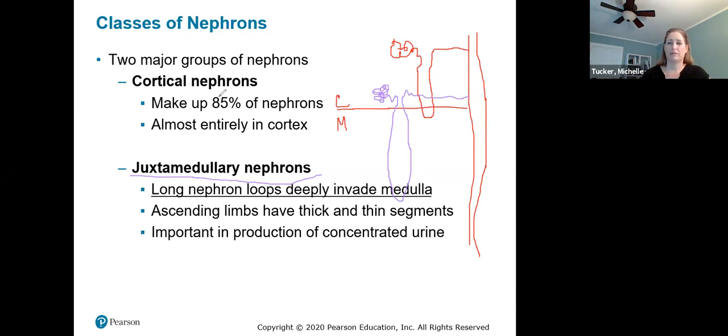Cortical nephrons are your typical nephrons doing the bulk of kidney functions. Juxtamedullary nephrons are going to be the ones that are involved in producing a concentrated urine when we need to save water volume, increase extracellular fluid volume.